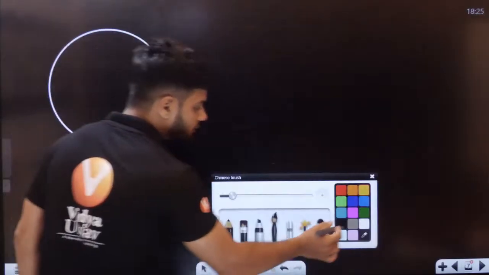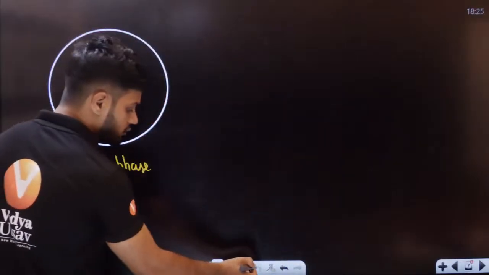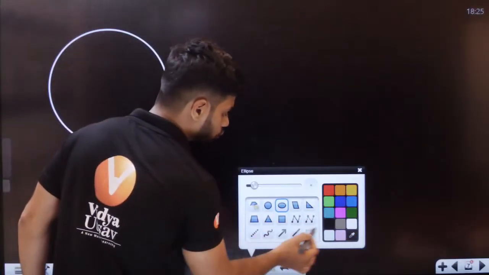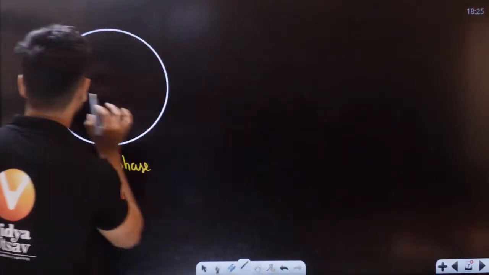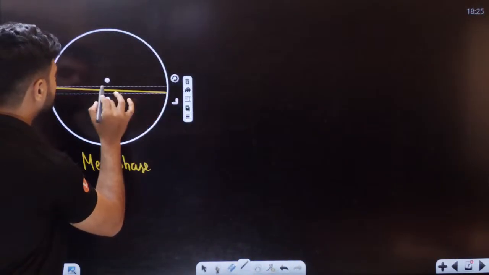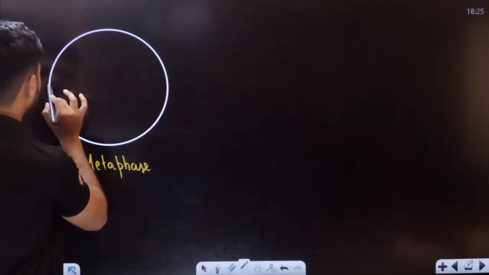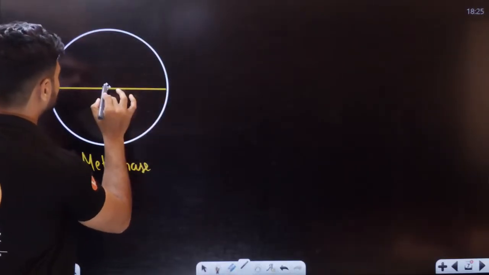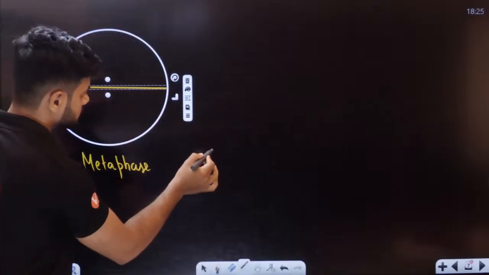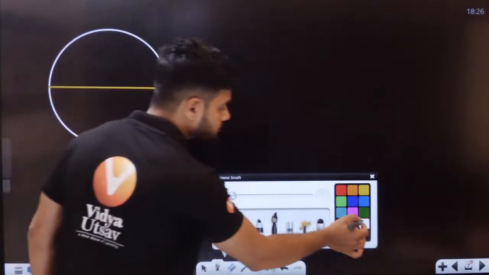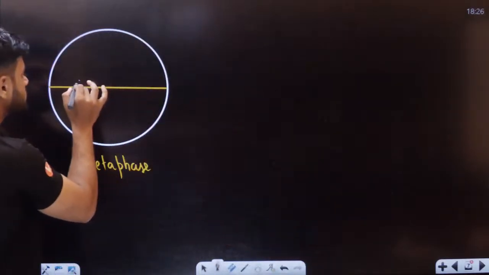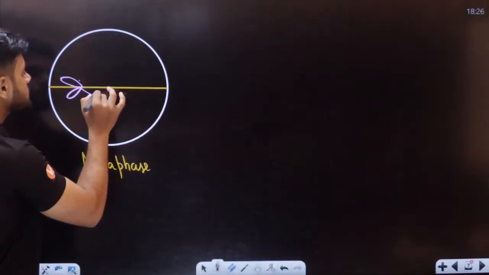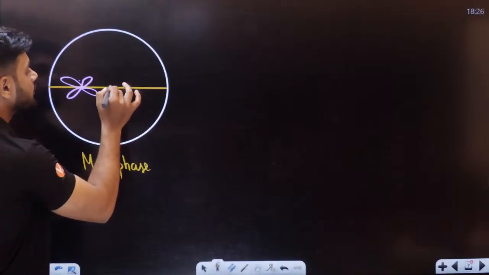Now in the case of metaphase, what is happening? All the chromosomes will start moving towards the center, like this. Here we have the chromosomes.